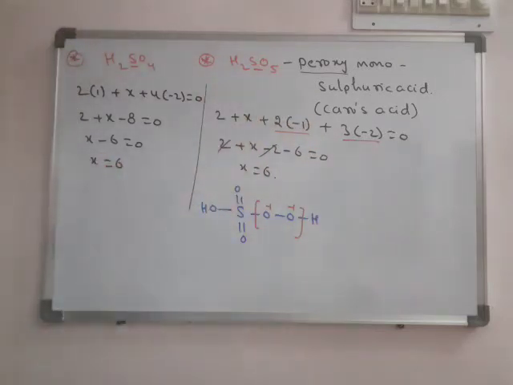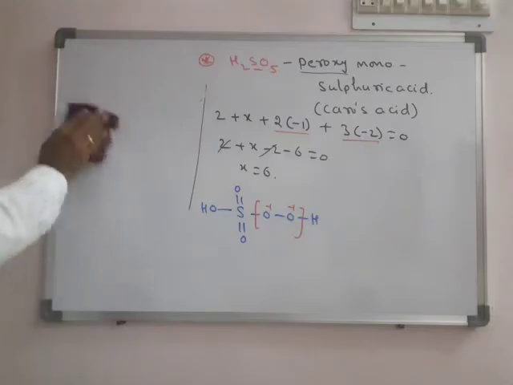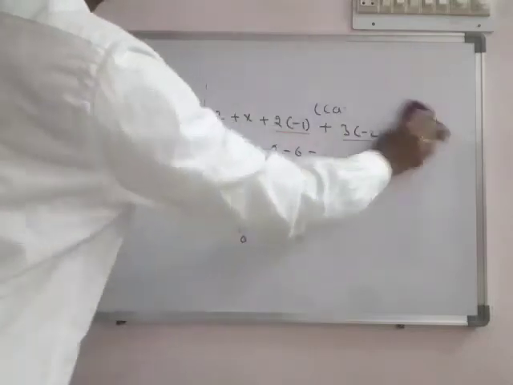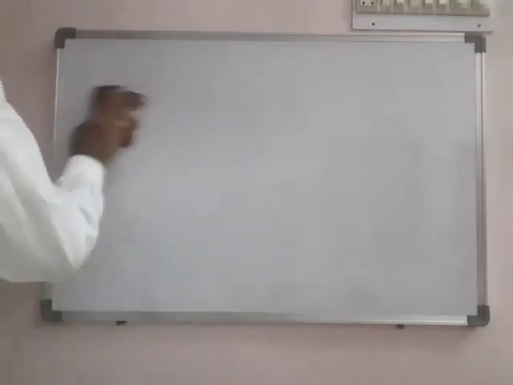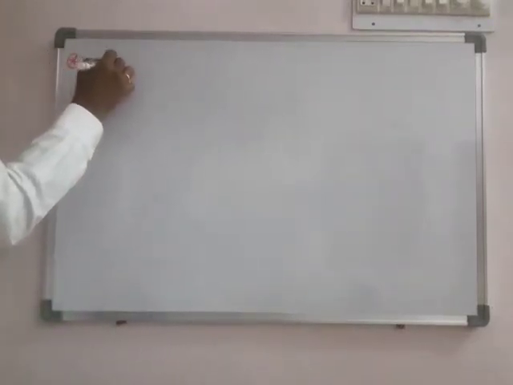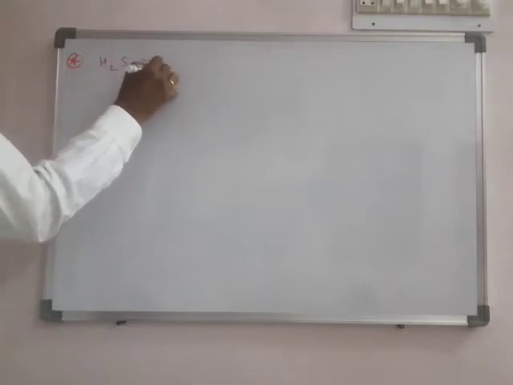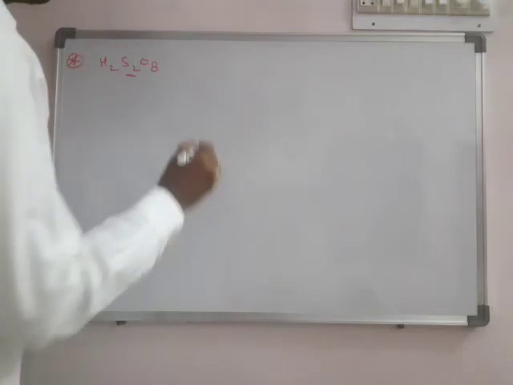So this is the structure of H2SO5. Now we have one more compound. It also has one peroxy bond.